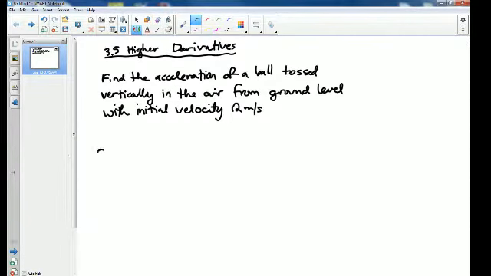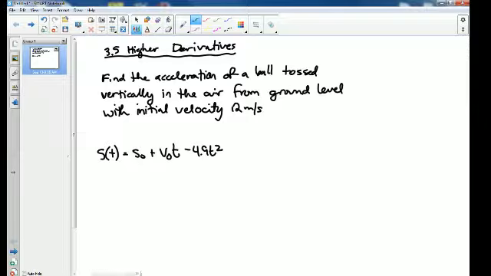Do you remember the position function for acceleration due to gravity? Or Galileo's formula, by chance? I think that's right.